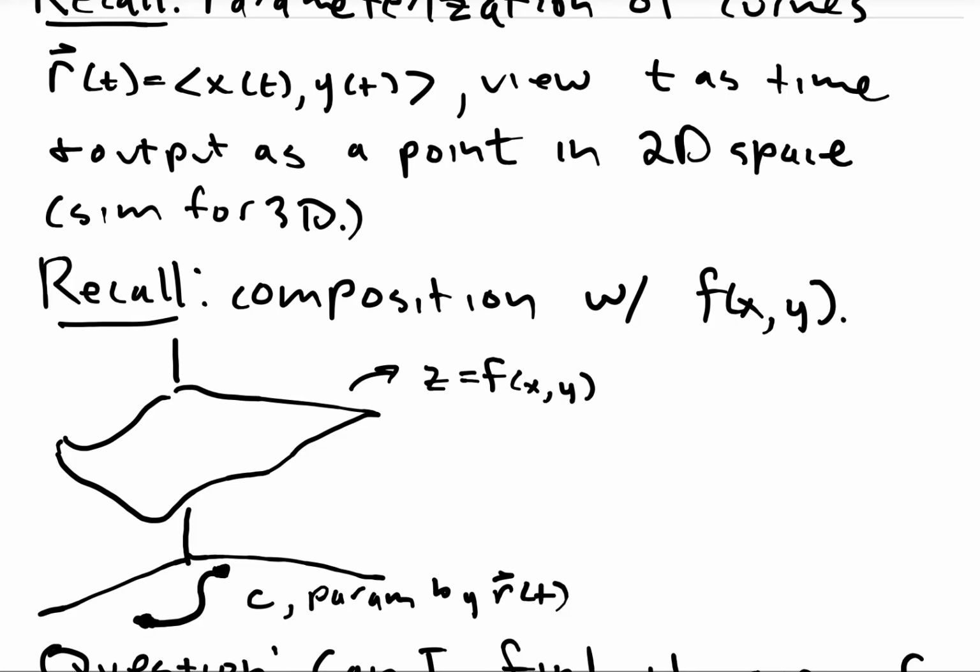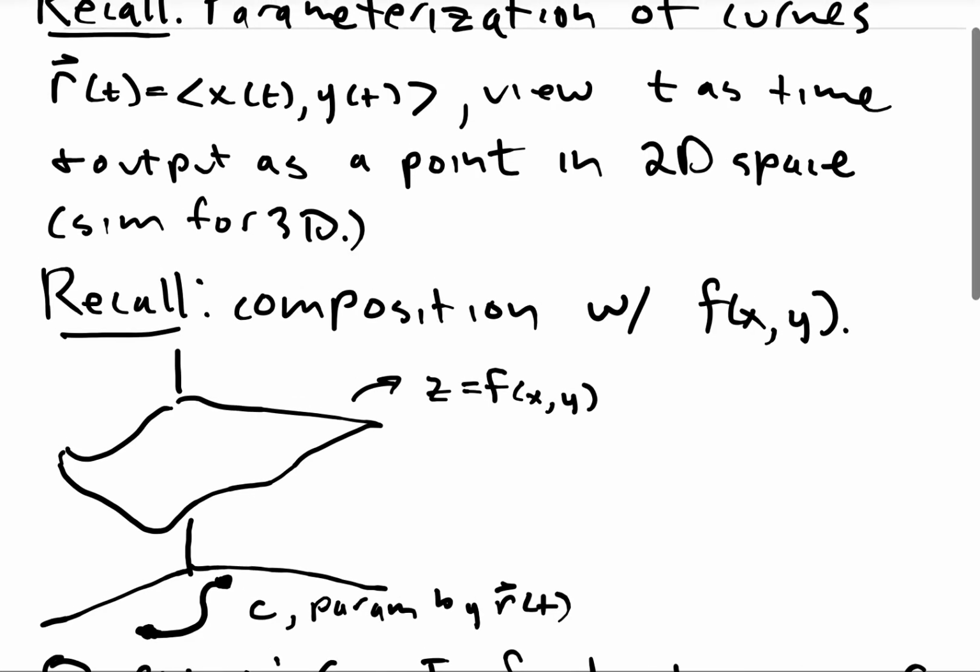So what happens when I do my composition here is I can take my points that I get from this curve. You plug in a time, you get a point back on your curve. If you take that point on your curve and you plug it into the function, you are going to get some sort of point on this surface.